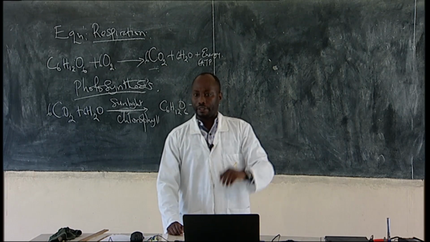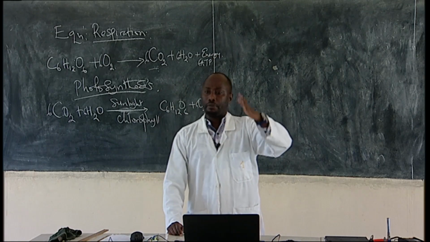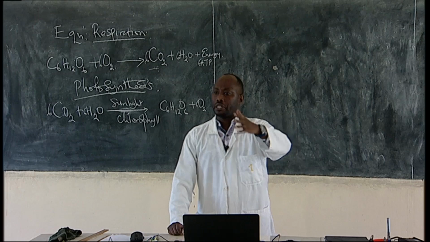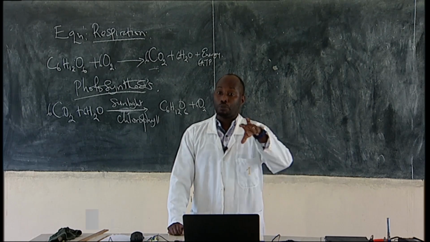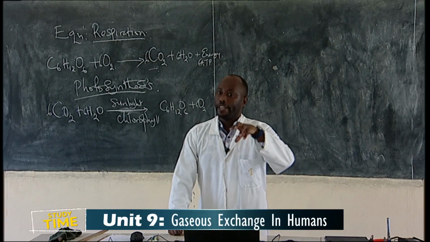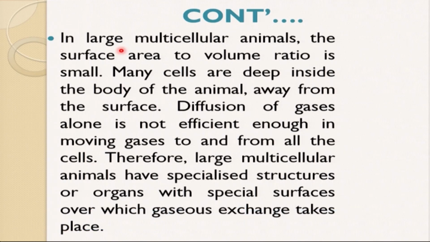Take an example, we can have the lungs, some use the tracheal system, some use the gills, some use the spiracles, and so on. But these small unicellular organisms don't have specialized respiratory surfaces. They can use their body as long as they are in contact with the environment where oxygen is available.